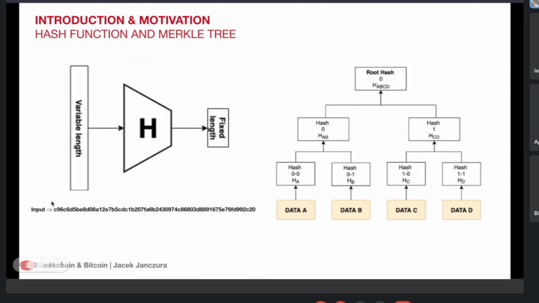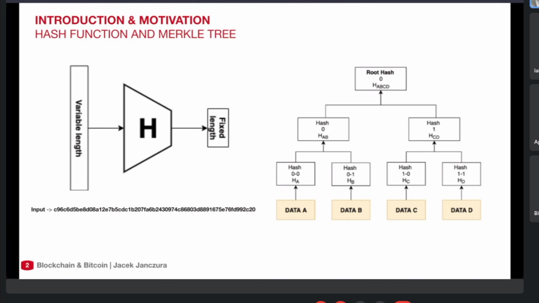And a good hash function prevents us from creating hash collisions. Have you ever heard about hash collisions? Yes. Okay, good. So for those who didn't answer, since we are transforming a big string into a smaller string, it's certain that at some point two hashes might be the same.